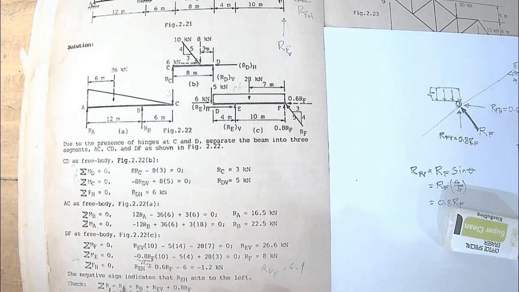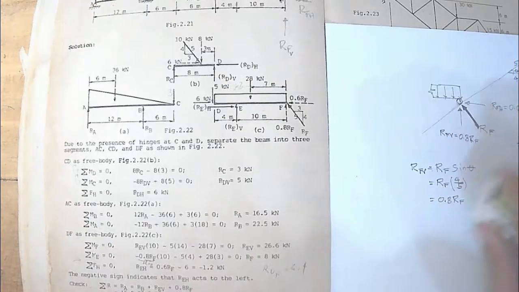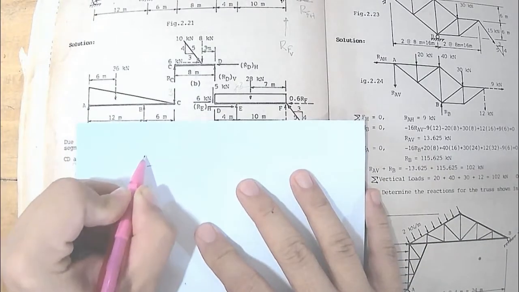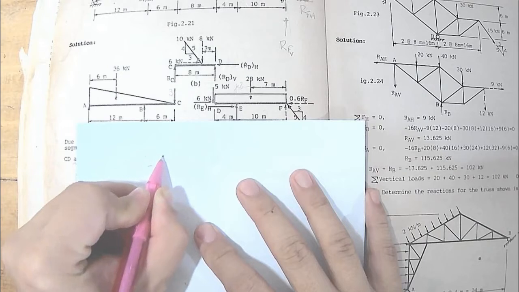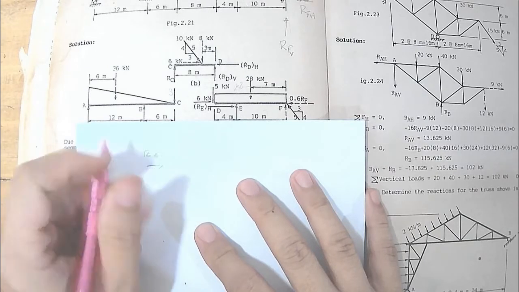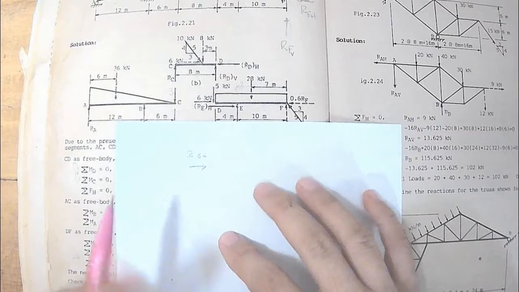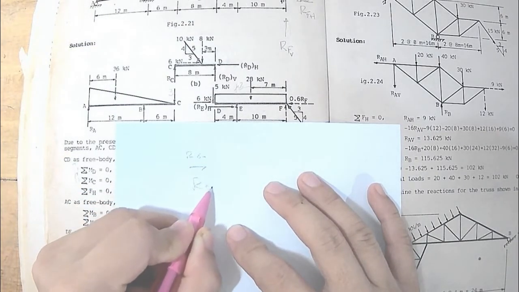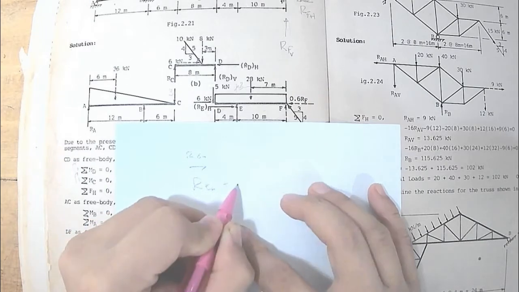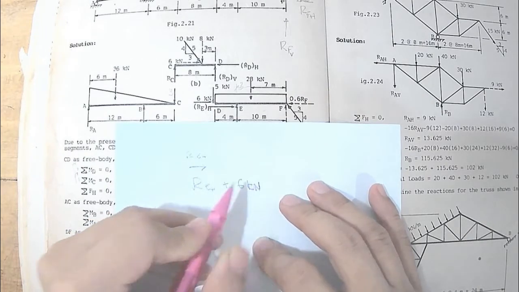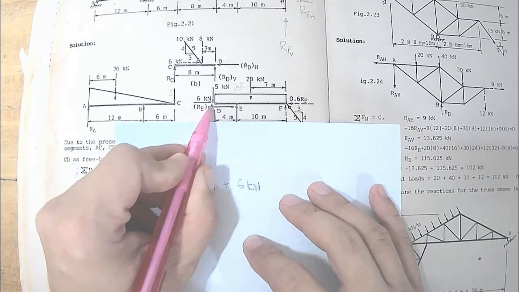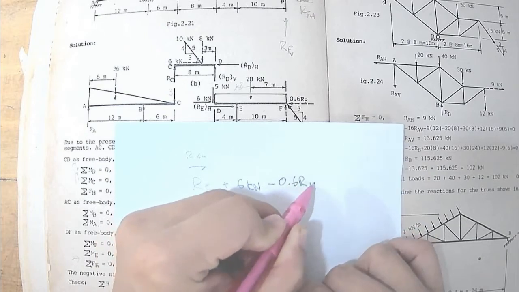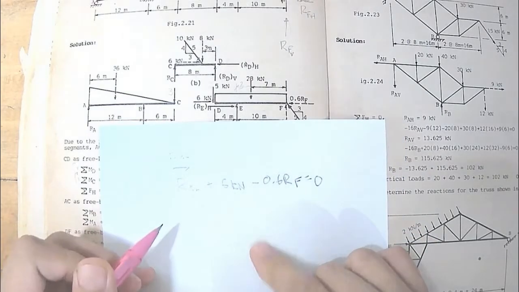So, what happens there: REH plus 6 kilonewton, these are the horizontal forces, minus 0.6 RF is equal to 0.